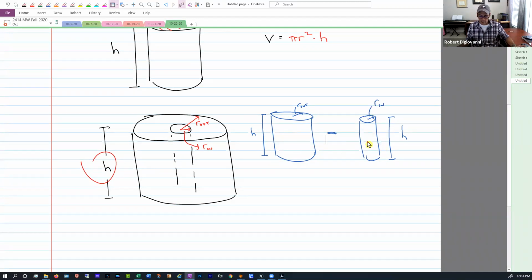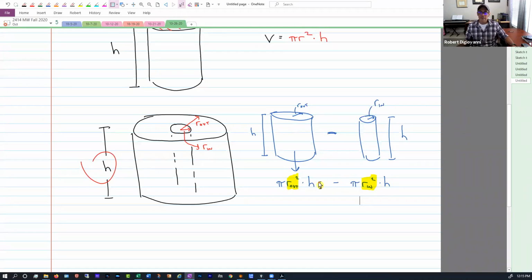So let's figure out the formula for each of these. This one would be pi times R out squared times H. Do y'all agree that that's the volume of that one? Minus pi R in squared times H. So the big difference between these two things is the R out squared and R in squared. Yes? So when we subtract those, we would get the answer.